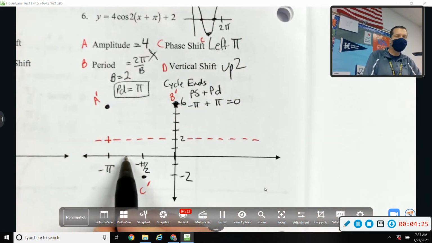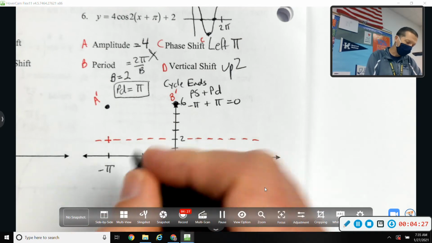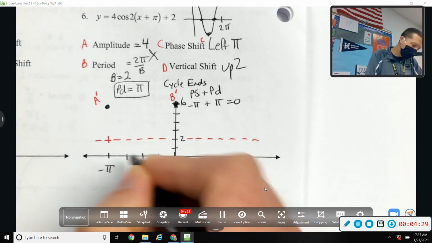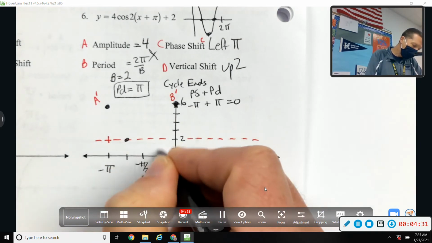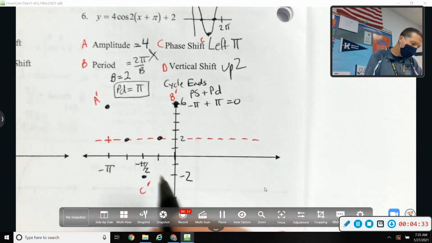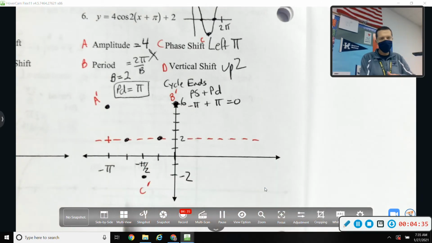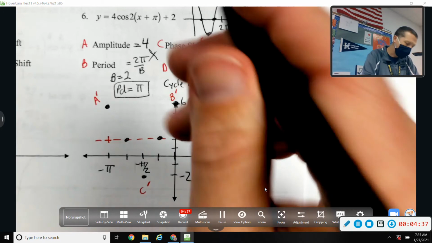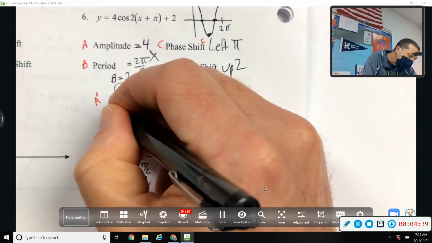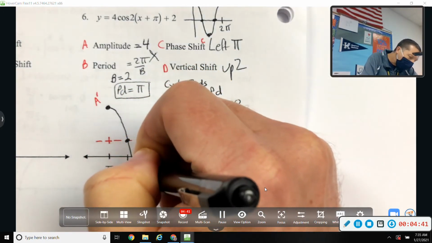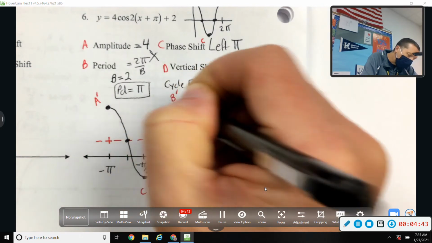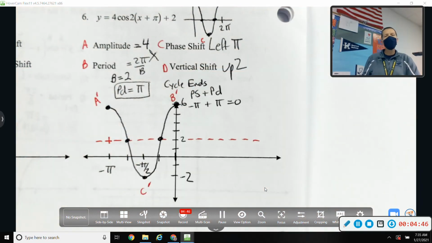Not on the axis 0, but on the new axis 0. And those would be at pi over 4s, but I don't need to label them. I've labeled enough. So there's my first cycle of the cosine wave.